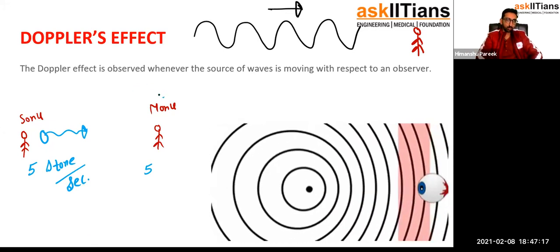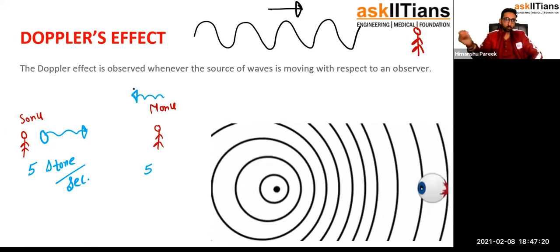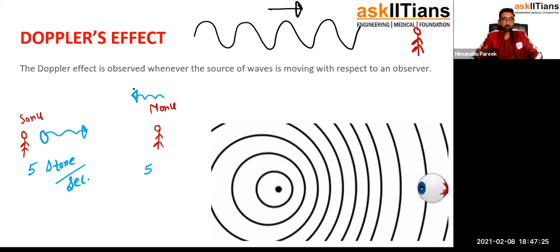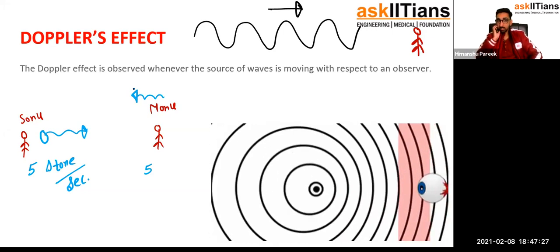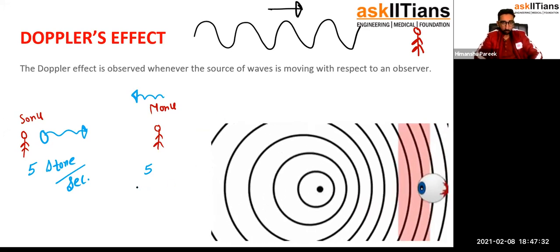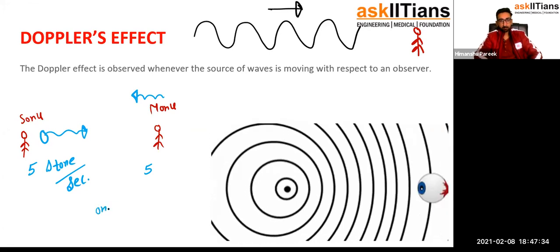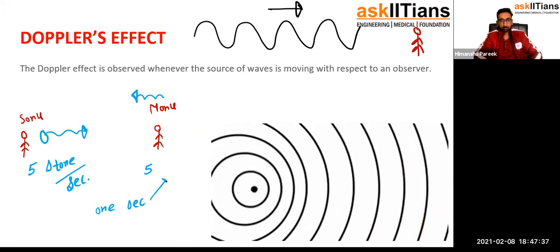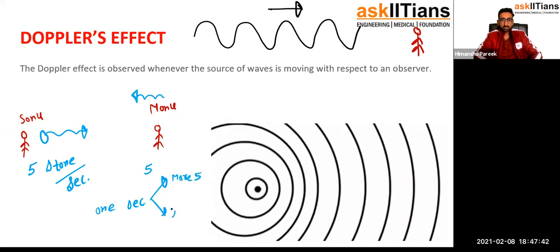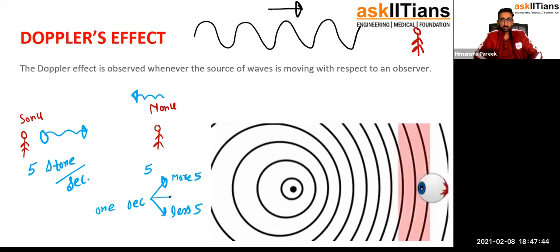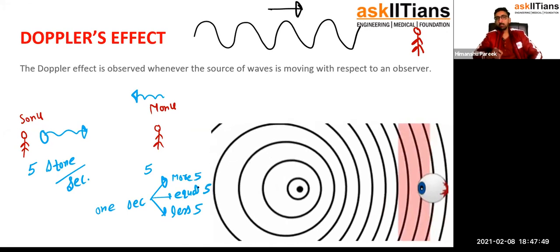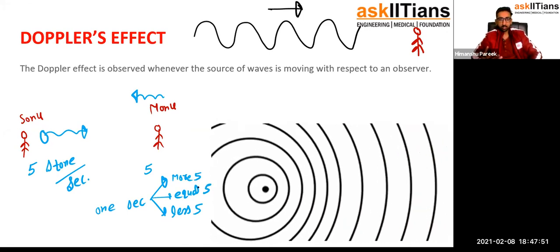But now, what will happen if Monu starts walking towards Sonu? Think about it. How many stones will Monu be getting in 1 second? More than 5? Less than 5? Equal to 5? What is the difference? Initially Monu was getting 5 stones per second because he was at rest.